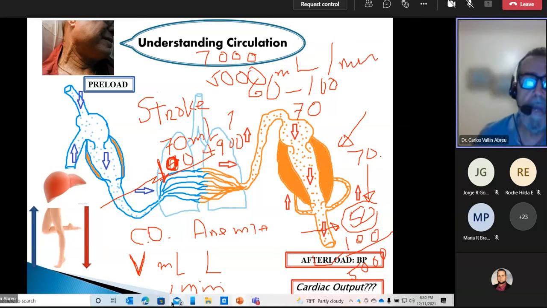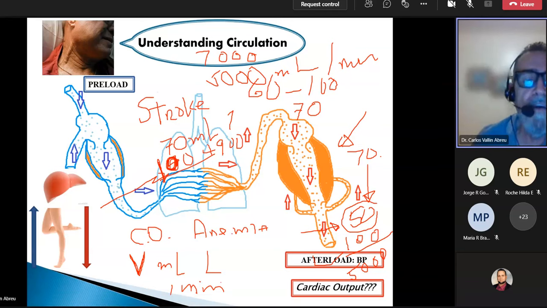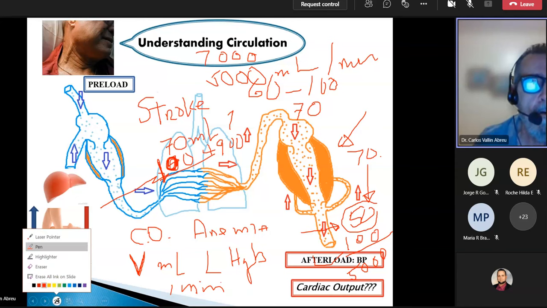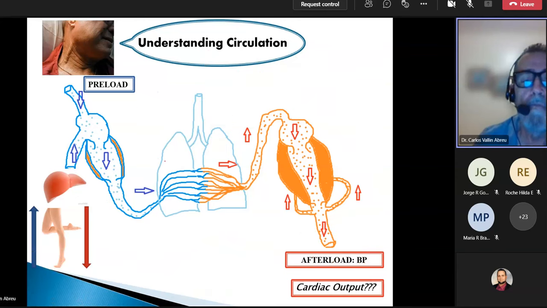What about anemia? What is the problem of anemia? The problem of anemia is the hemoglobin. What is hemoglobin? It is a bus, a train, a transporter of oxygen. Oxygen from where? From the lungs to all the body, including the brain. What happens when you have less than normal hemoglobin?